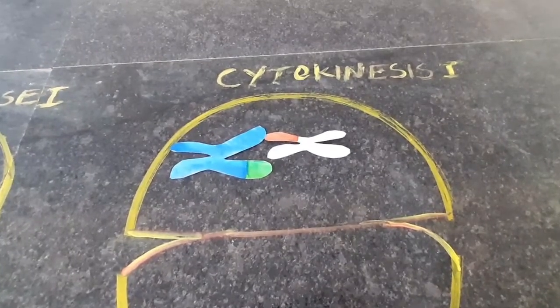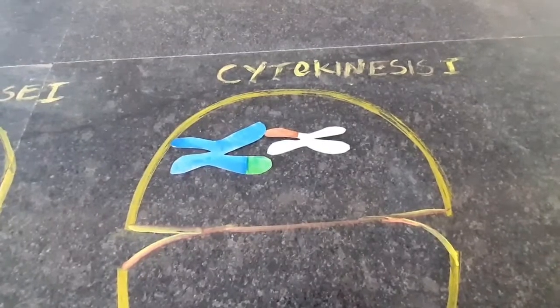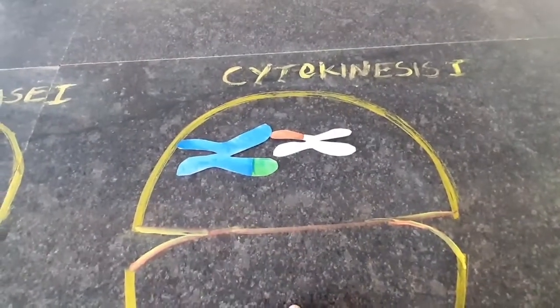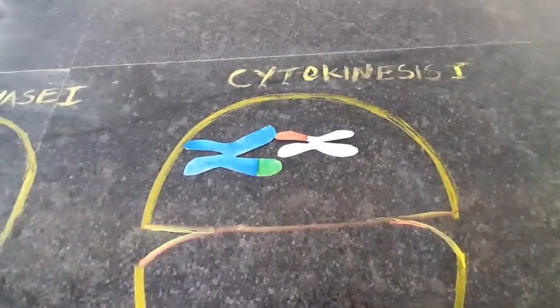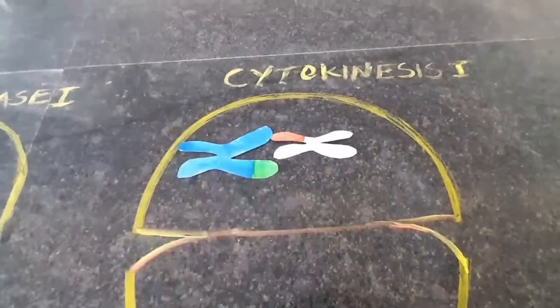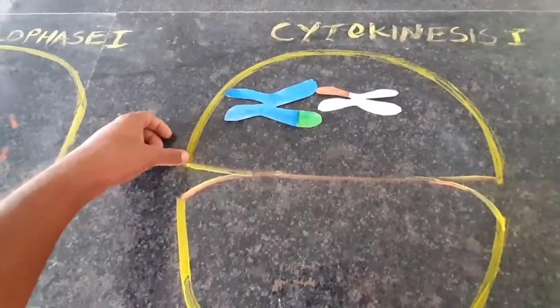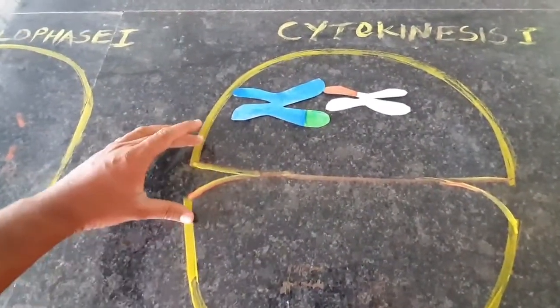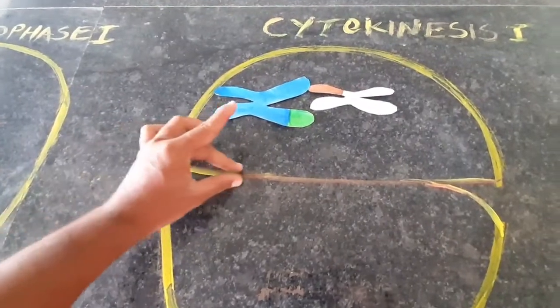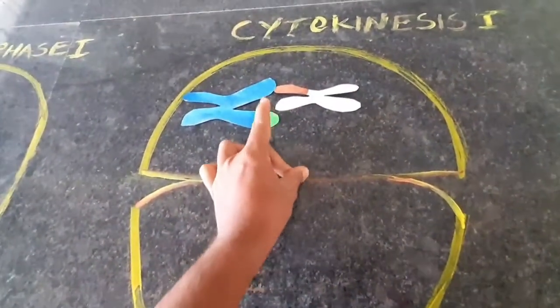But in the case of meiosis, you see two cytokinesis. The first is after prophase 1, metaphase, anaphase and telophase, you see cytokinesis 1, where you can see a cleavage furrow, that is the movement of the cell membrane towards the center of the cell. So this is called centripetal.